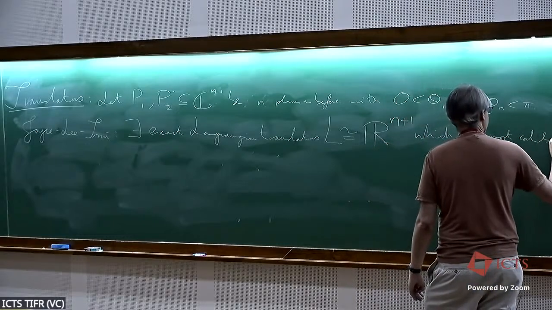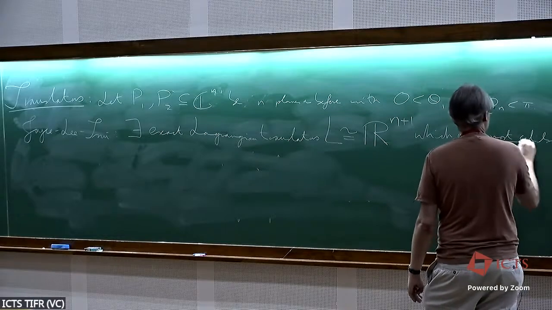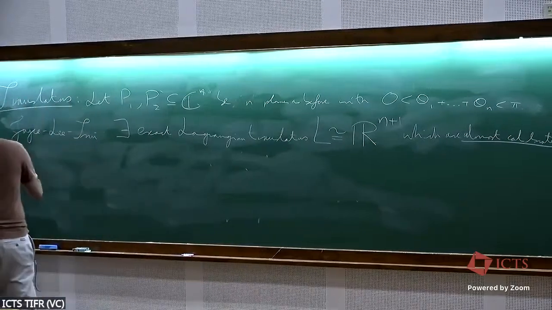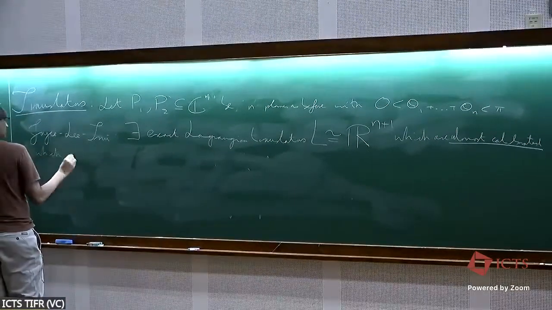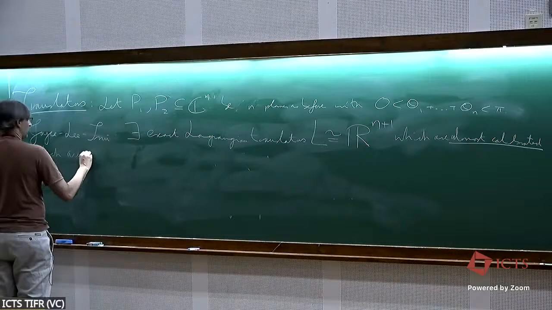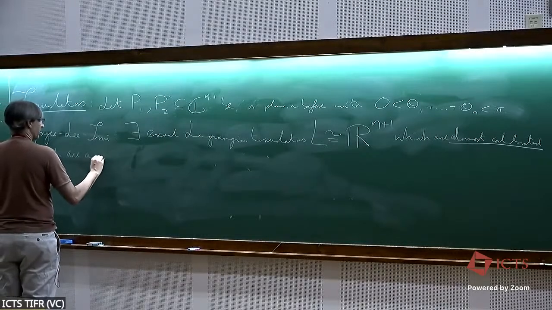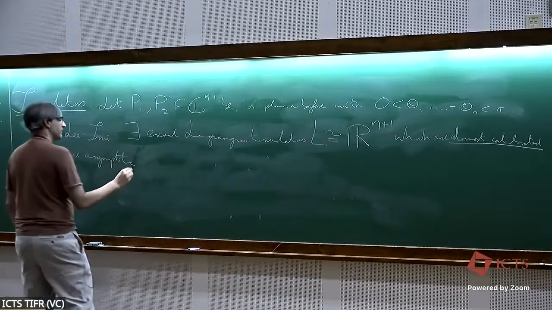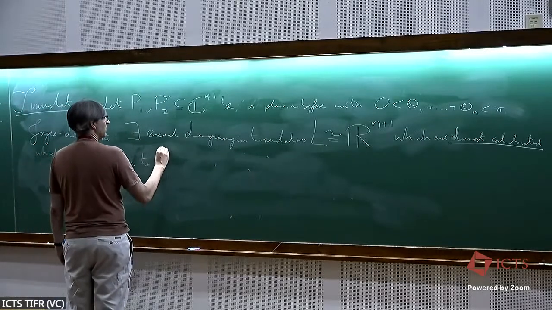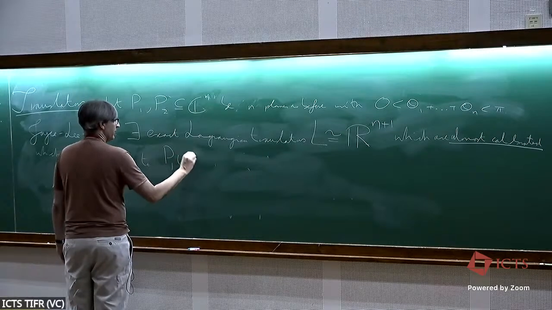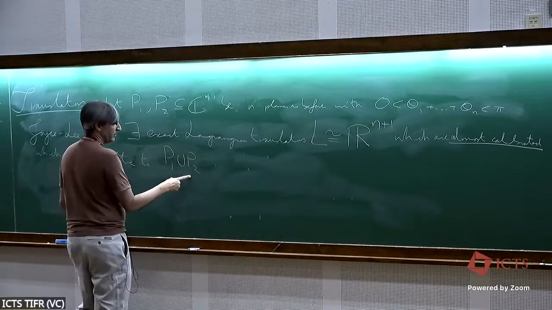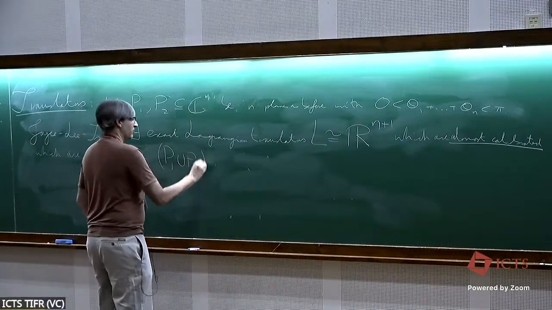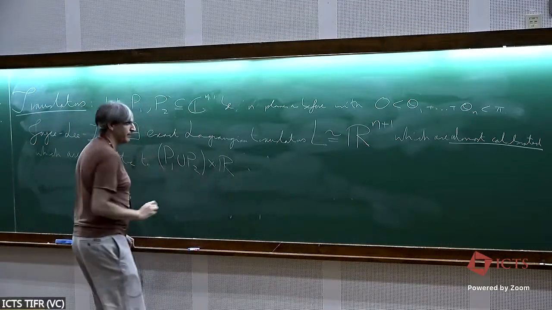So that's the big sort of bad news, if you like, which are asymptotic in some sense to P1 union P2. Well, this doesn't make sense because this is of the wrong dimension. This doesn't make sense, but if I cross it with R, then it does, right?